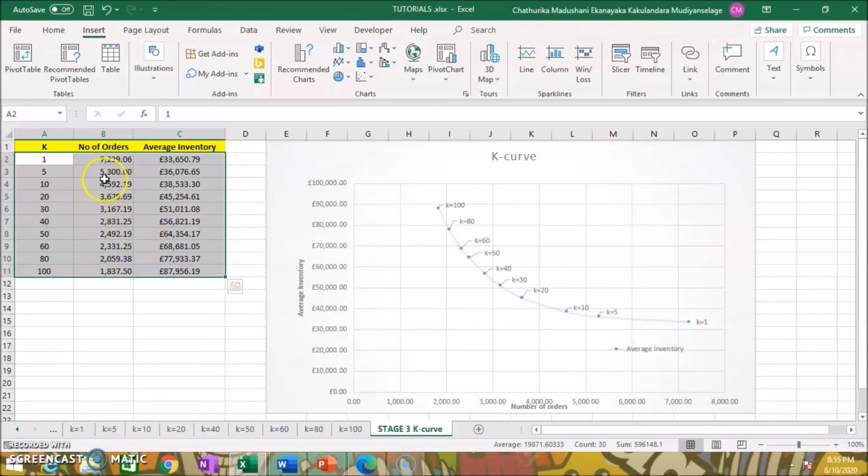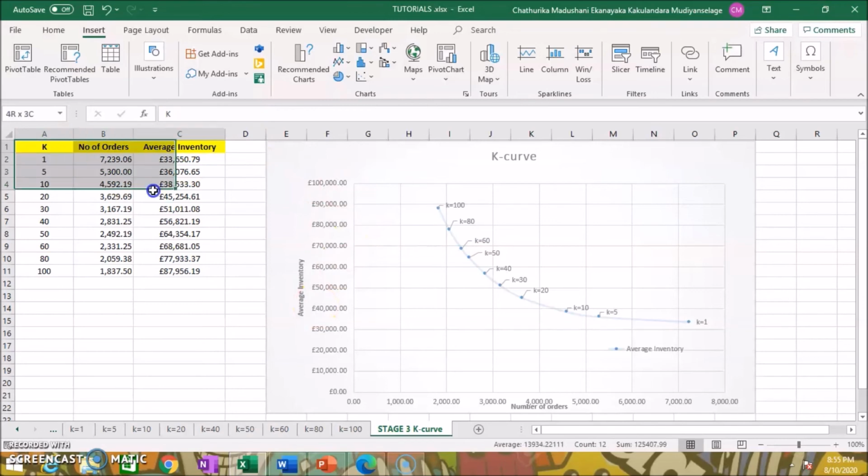As you can see, when the number of orders decreases, the average inventory increases. On the opposite side, when we reduce average inventory, we have to increase the number of orders.